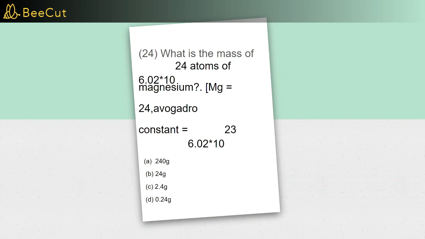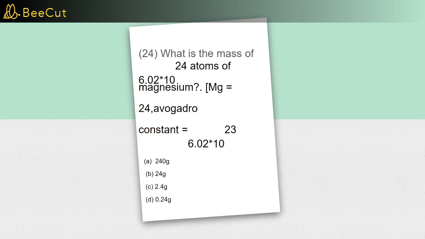Avogadro's constant is 6.02 times 10 raised to power 23. Here, it's telling us that one mole of an element is equivalent to 6.02 times 10 raised to power 23 atoms.